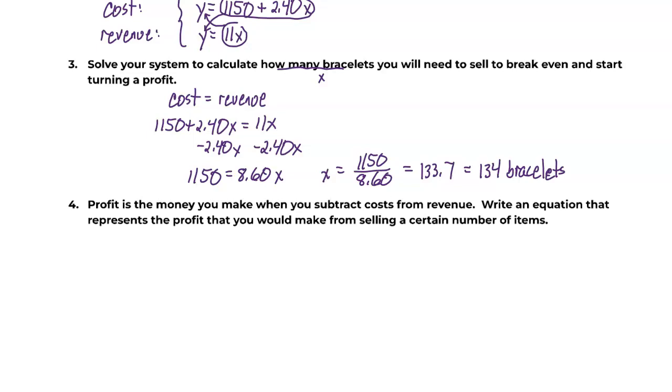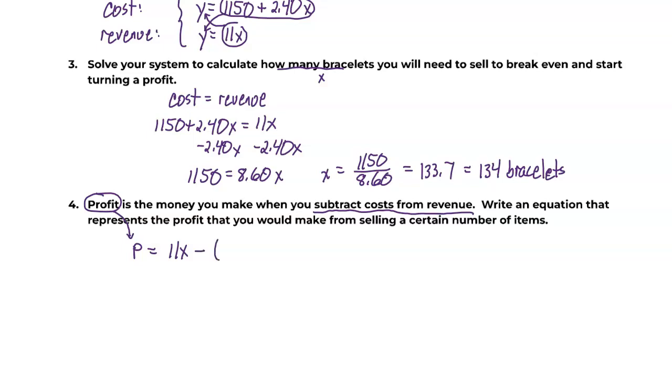For our equation for profit, I'm going to use the letter P to represent profit. This question outright told us how you go about finding profit. Subtract the costs from the revenue. Our revenue is 11x. Subtract.